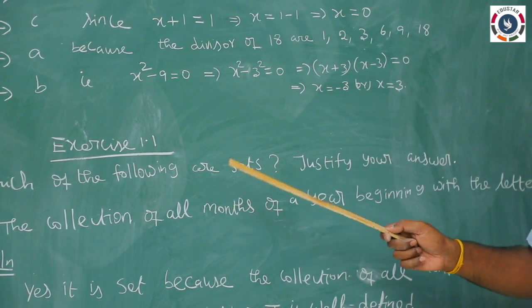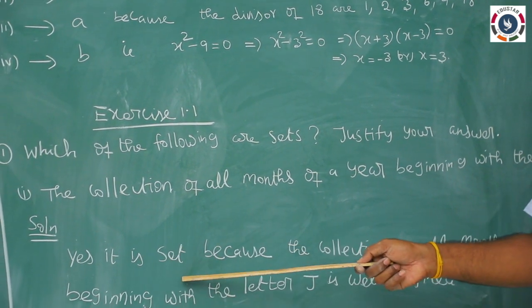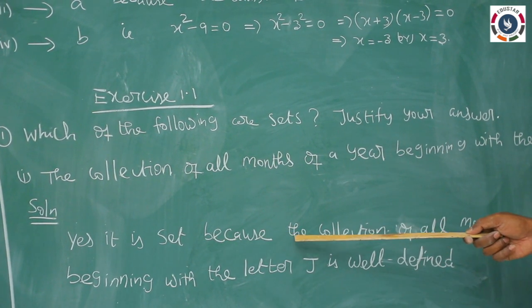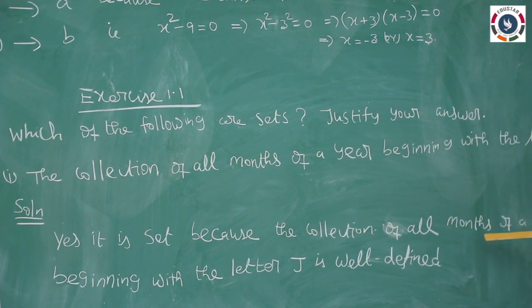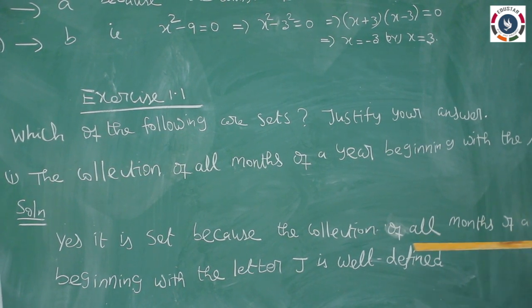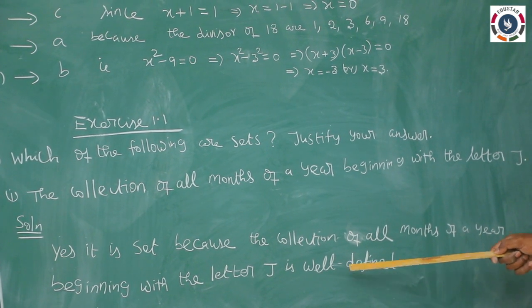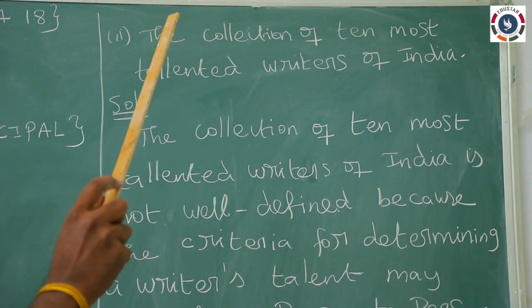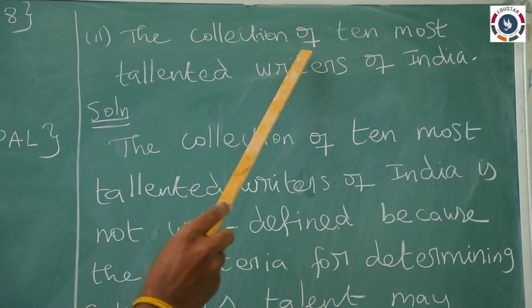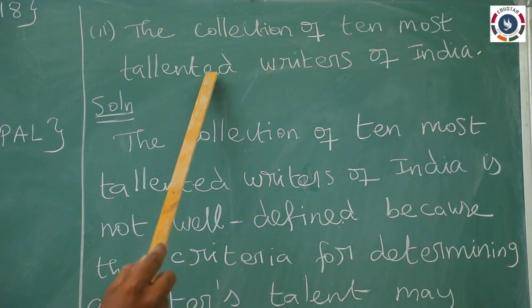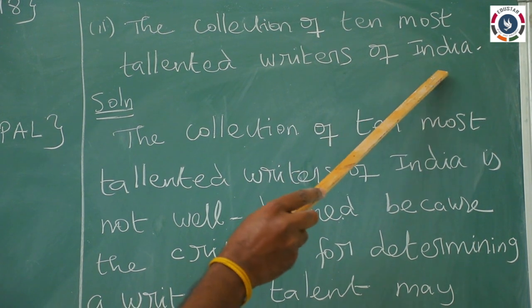So it is well defined. Yes, it is a set, because the collection of all months of a year beginning with the letter J is well defined. So it is a set.